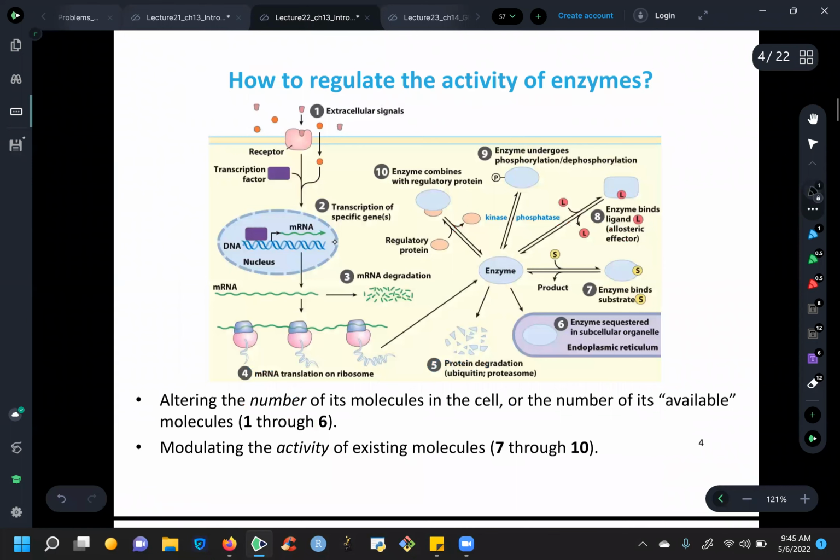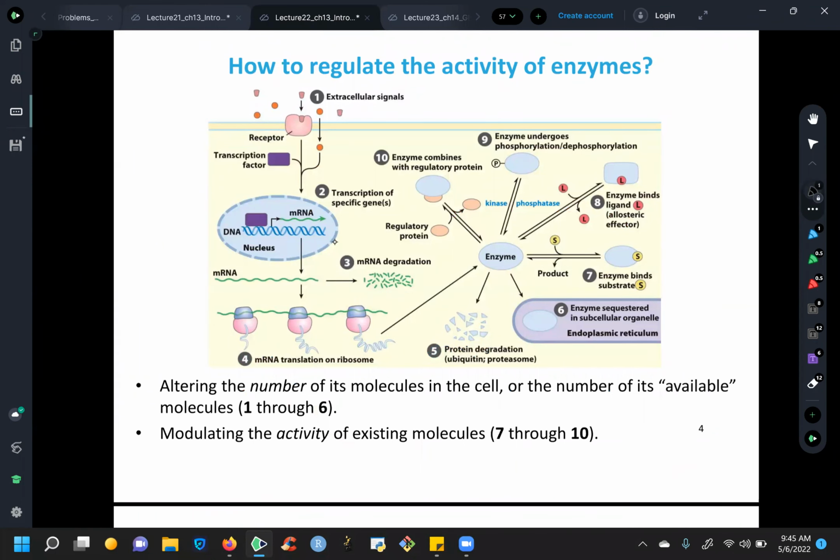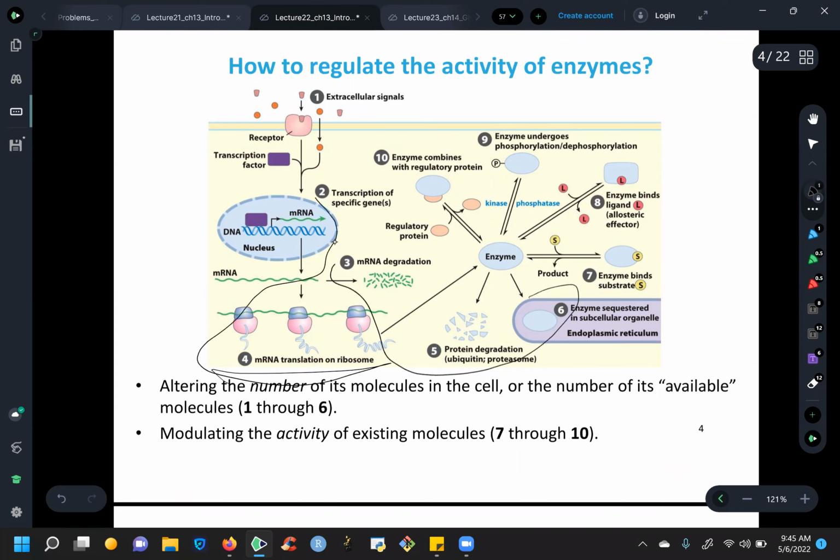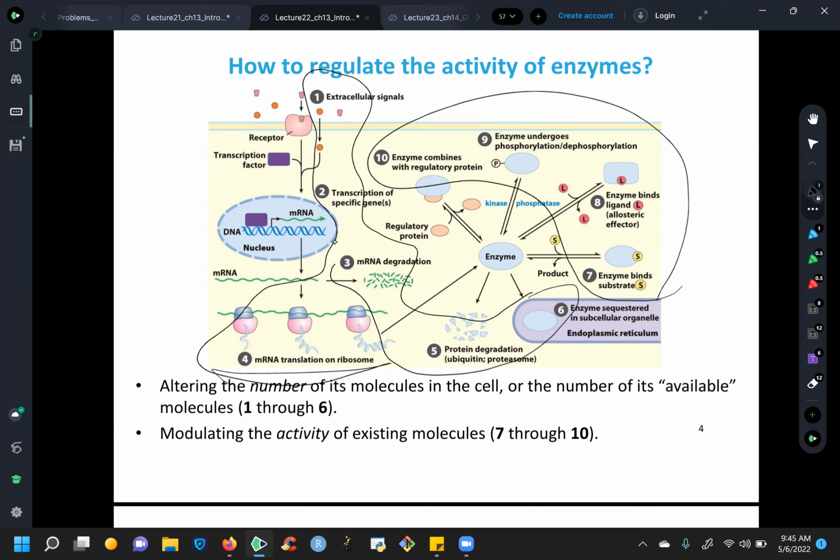I went over this in a lot of detail in one of the discussions, and it's been posted. Basically, for enzyme regulation, the first 6 steps deal with the number of enzymes that you have. At each of these steps is a regulation step where you can either make more of the enzyme or make less of it, or destroy what you have. Steps 7 through 10 are where you have your existing enzymes and you modify their activity in different ways.